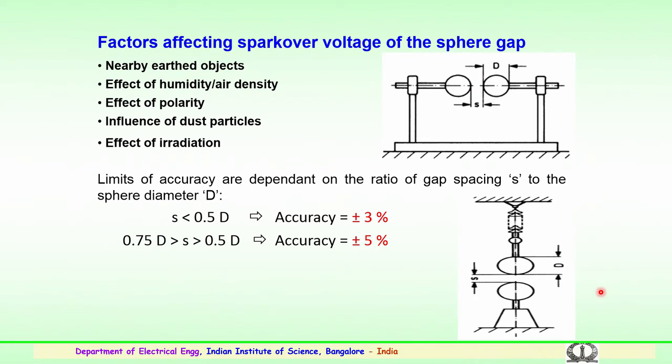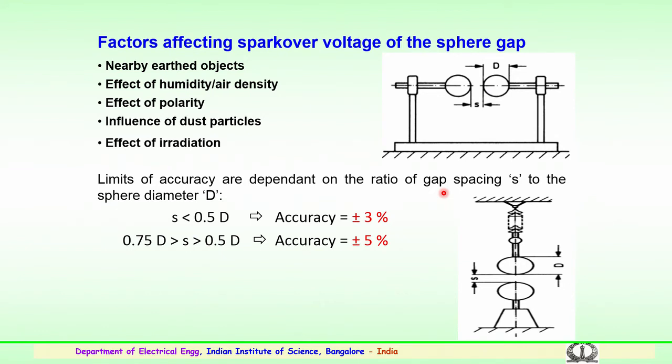And here the error, in case the distance between the electrodes is less than 0.5 d, the diameter of the spear, say a 2 centimeter diameter spear, in case the distance is maintained such that it is half the diameter, the gap spacing is equivalent to half the diameter of the spear, that is the radius of the spear. In such a case the accuracy could be obtained up to plus minus 3%.